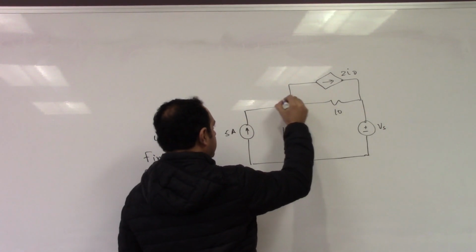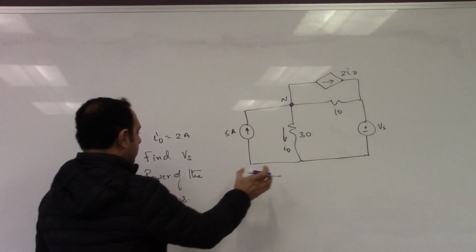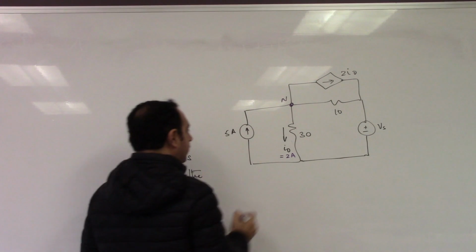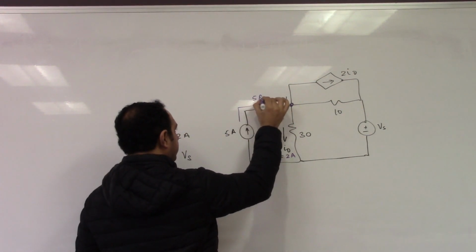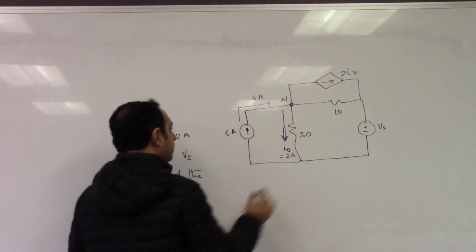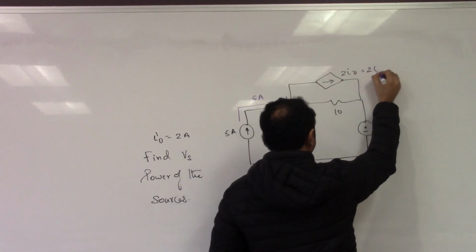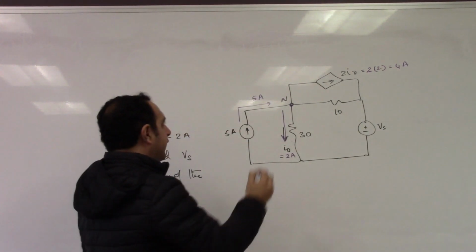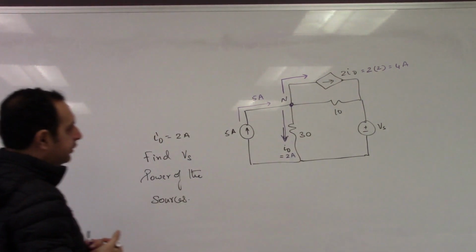Let's call this node N. Since I0 is equal to 2 amps, we know this will be 2. 5 amps flows in like this, so this will be 5 amps flowing into the node. This 2 amps is leaving the node, right? We also know this current, 2 times I0, 2 times 2, that will be equal to 4 amps, and this is exiting this node like so. That is the direction of current.